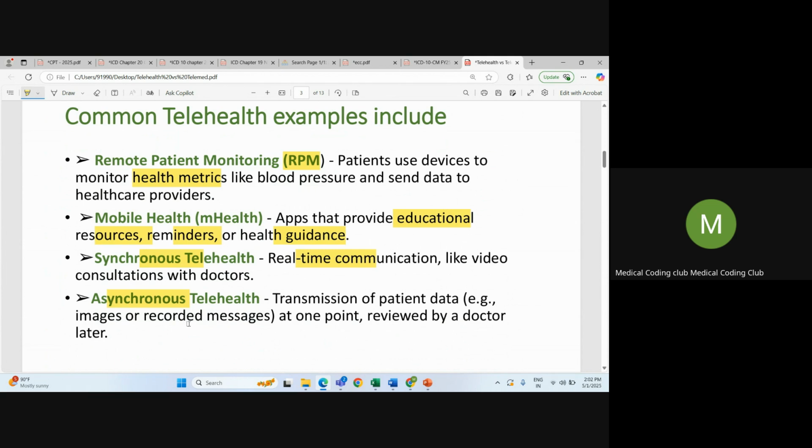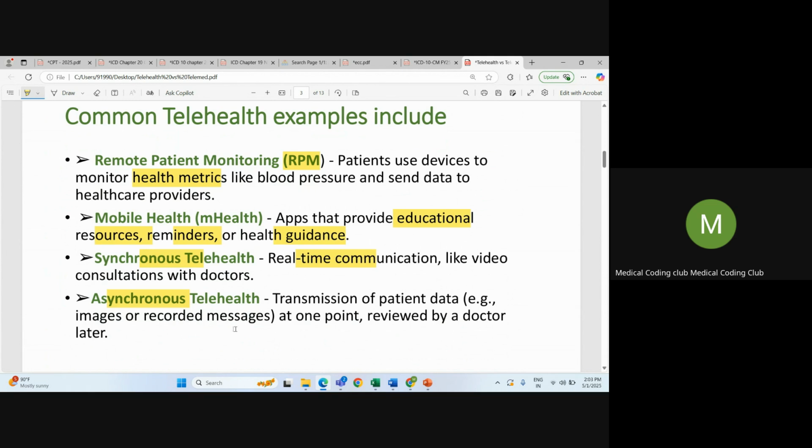So it cannot be real time. Both parties will not be available at the same time. As a patient, you cannot access the provider in real time. That is the meaning of asynchronous telehealth.